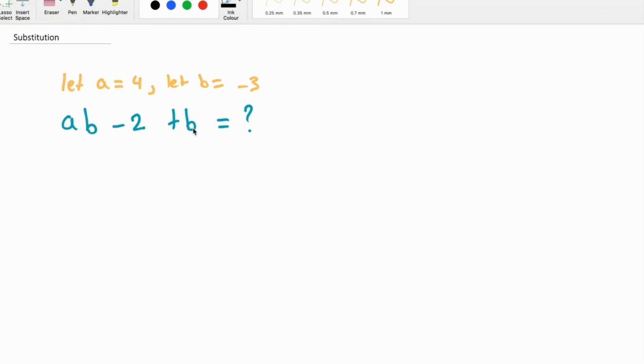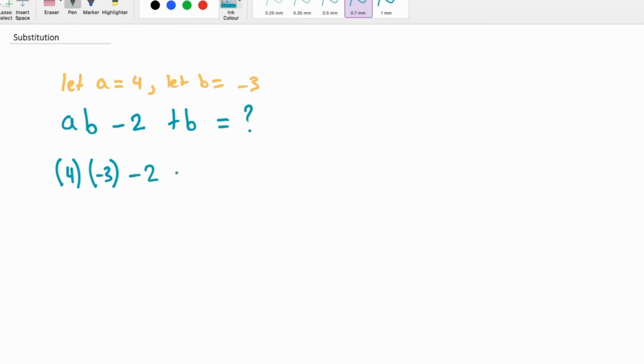Now the same principle is going to follow. So we're going to replace any A's with the number 4 and replace any B's with negative 3. So let's go ahead and do that. So in brackets, we have 4, we have in brackets negative 3. That's the first bit done.